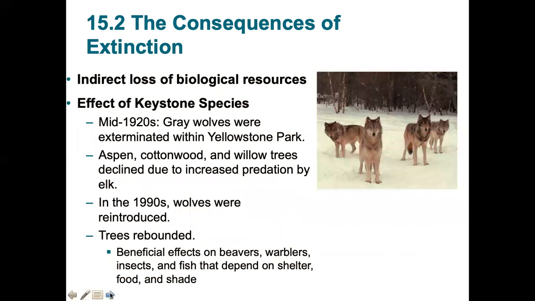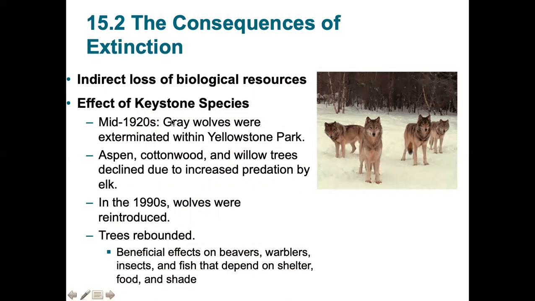So, an effect of keystone species: we lost a lot of species of trees due to predation by elk, because the gray wolves were exterminated in Yellowstone.